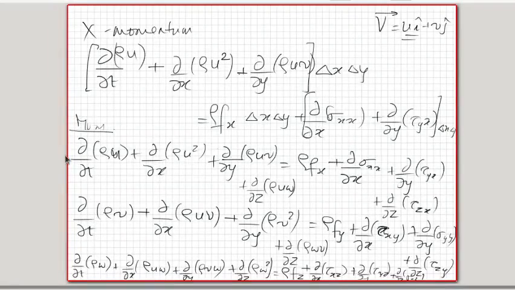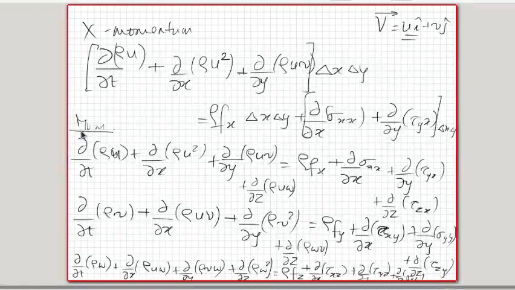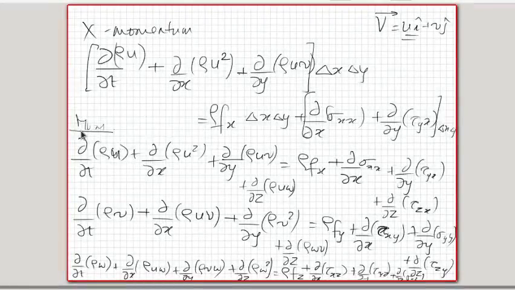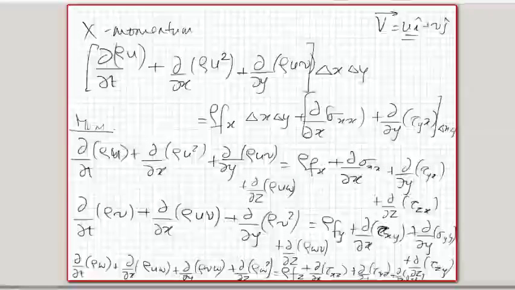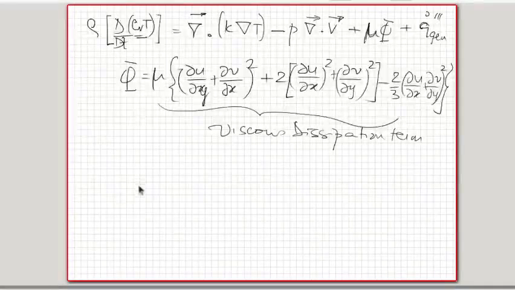Basically, the terms that contain the continuity equation will have to be taken out and removed. So let me first go to that.